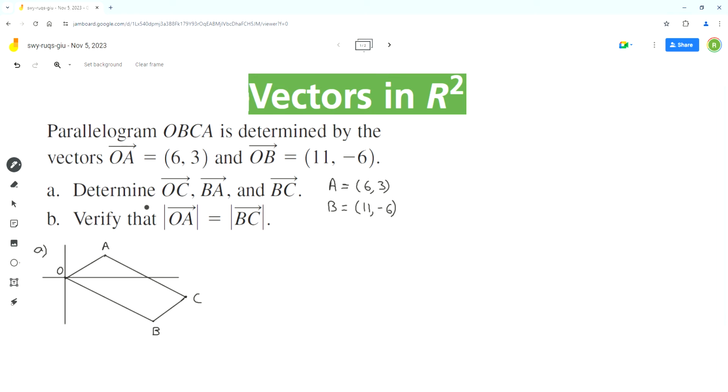Now in part A, we first have to find vector OC, which is the diagonal of this parallelogram. So this is vector OC.